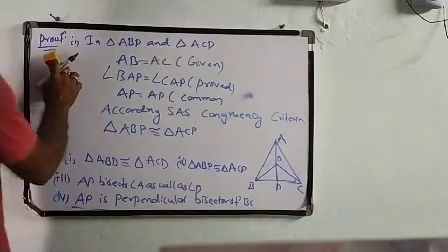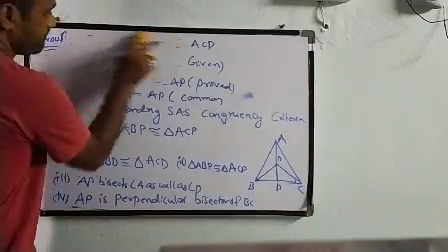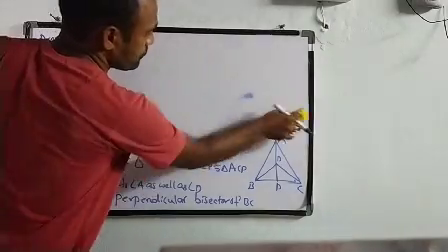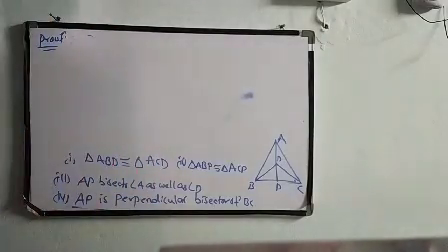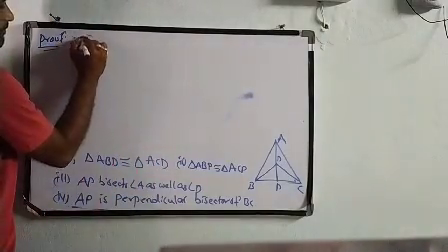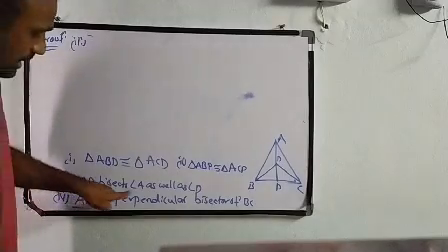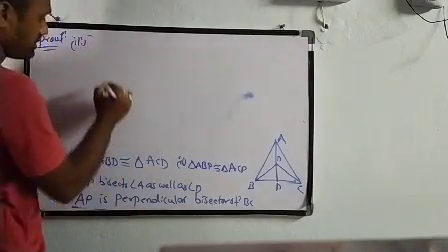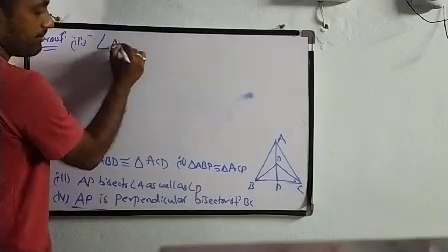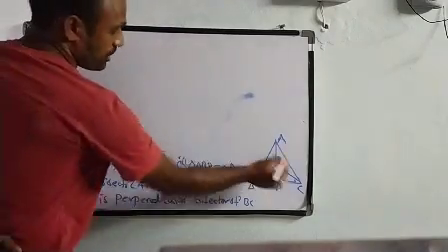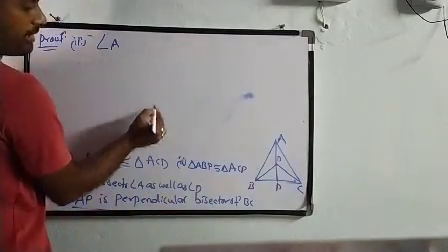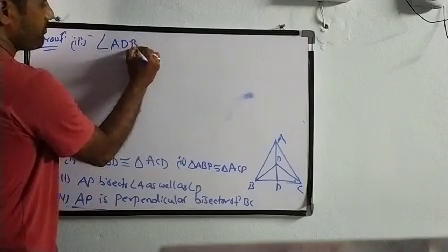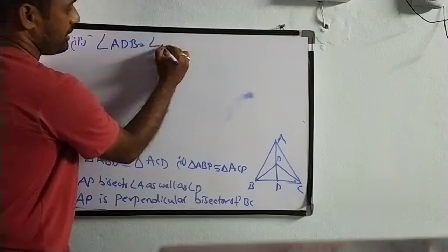Now, let us prove the third one. We need to prove that AP bisects angle A as well as angle D. In order to prove that, first let us take these two congruent triangles, so I can write angle ADB equals angle ADC.